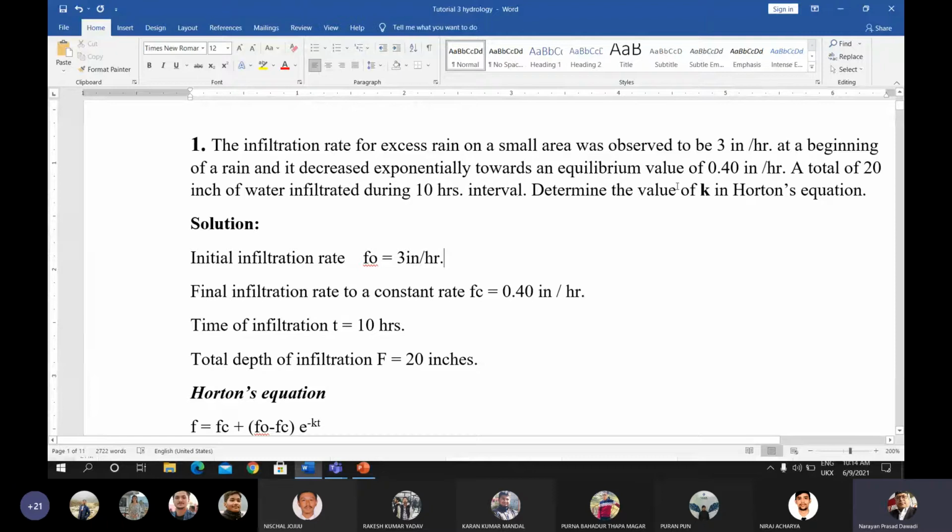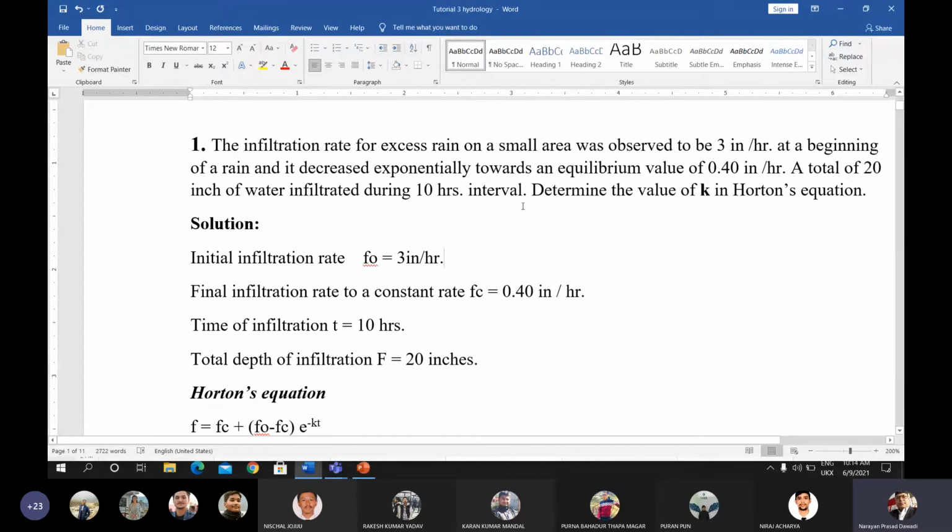The rate of infiltration of the soil decreases exponentially. For the equilibrium value, the constant rate of infiltration Fc is given as 0.40 inch per hour.